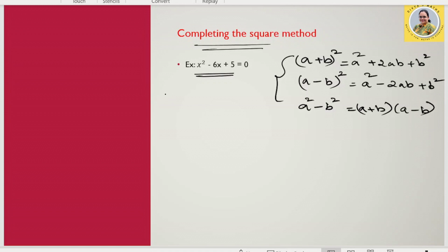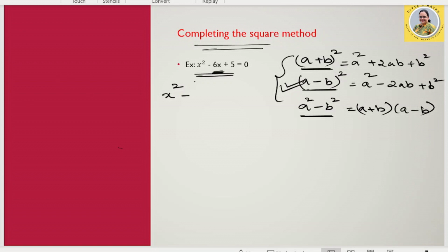Now see here, we need to get it in the form of a plus b whole square, or a minus b whole square, or a square minus b square. So if we want to get any of these forms, then we need to rearrange this equation as a square plus 2ab plus b square or a square minus 2ab plus b square. If you see here, we have a minus sign. So let us try to rearrange in this identity so that we can get a minus b whole square.